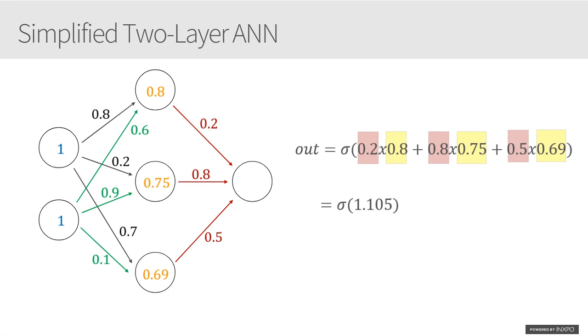It's a sigmoid of 1.105 based on that calculation, which means we're leaning toward 0.75. If you think about good old-fashioned hypothesis functions, am I going to go skiing this weekend? The output is 0.75, which basically means I'm probably going to go skiing or snowboarding this weekend.